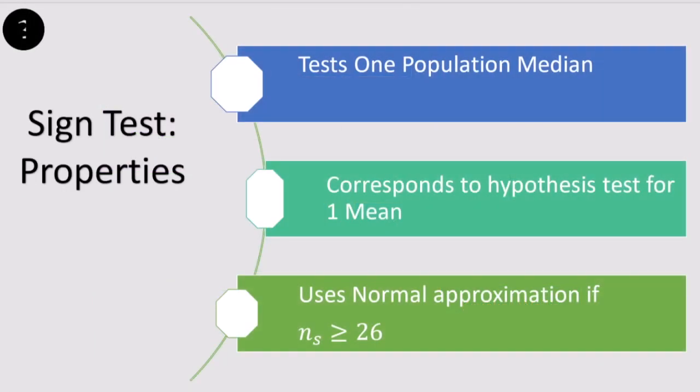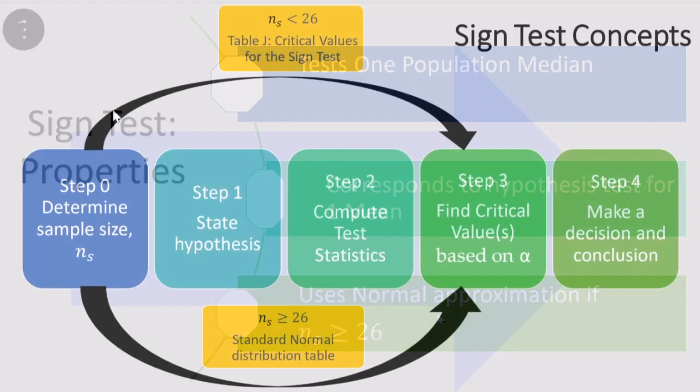The sign test is a test for one population median, and this corresponds to our hypothesis test for one mean.